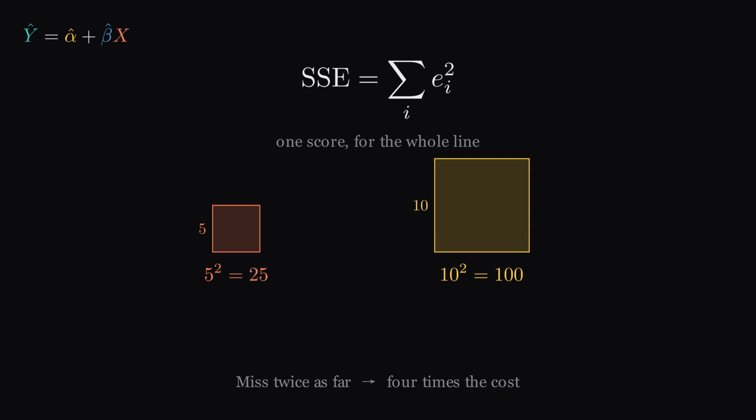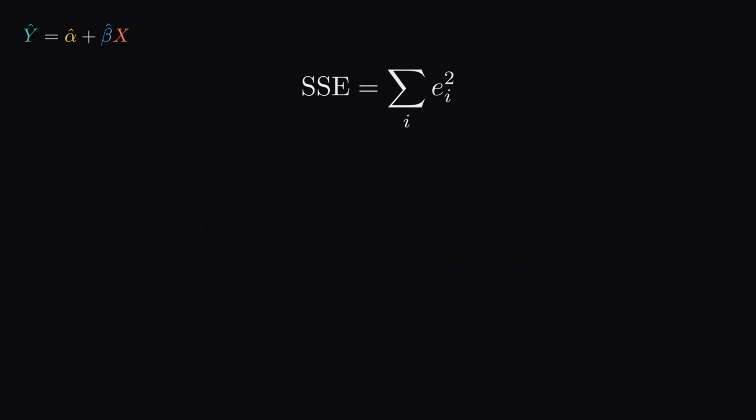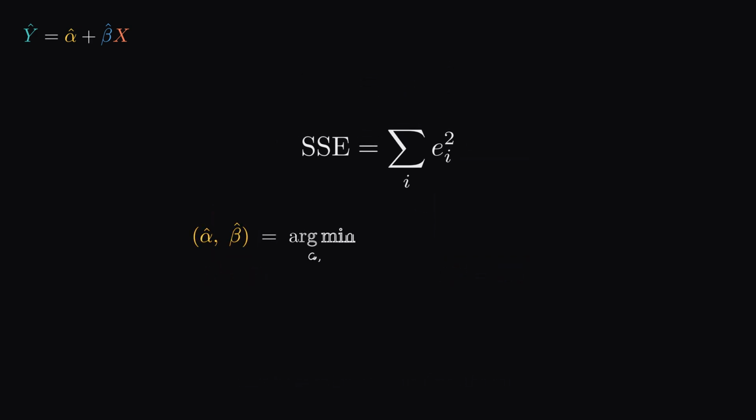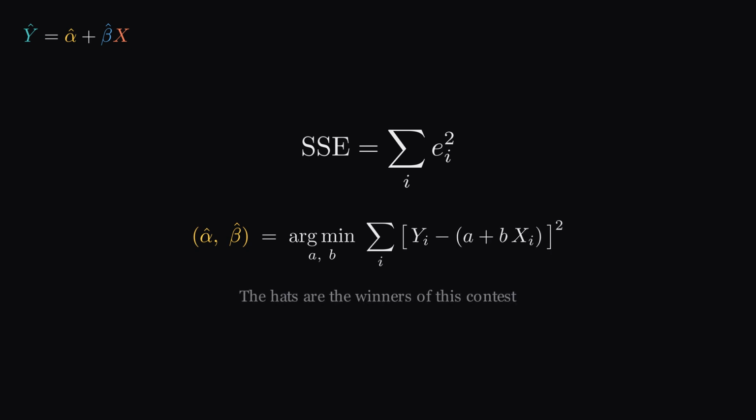Small errors are fine, but do not under any circumstance miss badly. Add up all those squared errors and get a single number, the sum of squared errors, one score for the whole line. So the best line is just the line that makes the score as small as possible. Actually, there's another important reason we choose squares over absolute values.